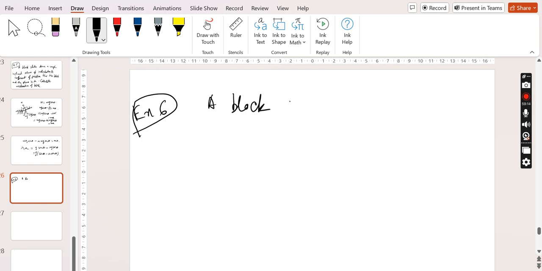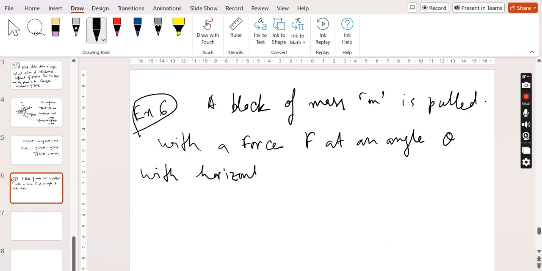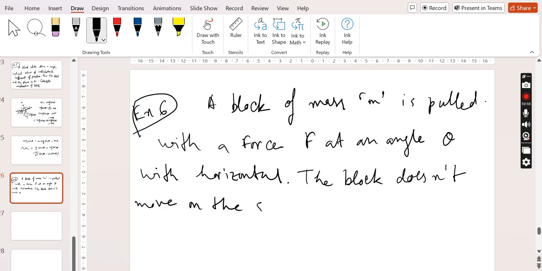A block of mass m is pulled with a force F at an angle theta with horizontal. The block does not move on the surface.